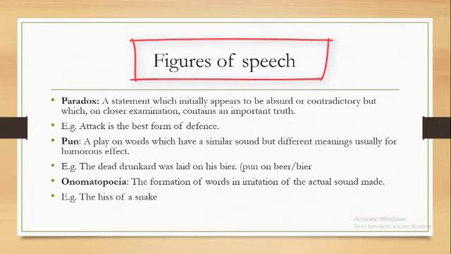Then we have what we call paradox. Paradox is simply a literary device that appears to be absurd, that is stupid or contradictory, but on close examination it makes a whole lot of sense or conveys an idea or truth. I'll say that again.